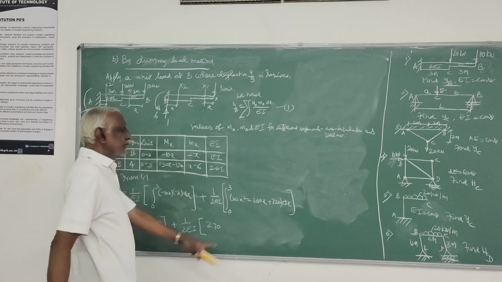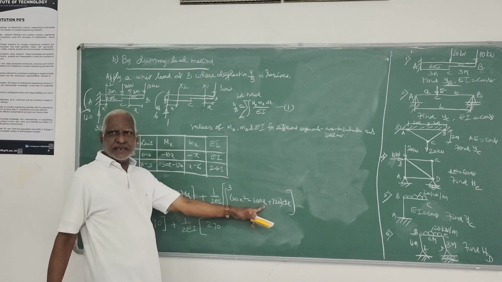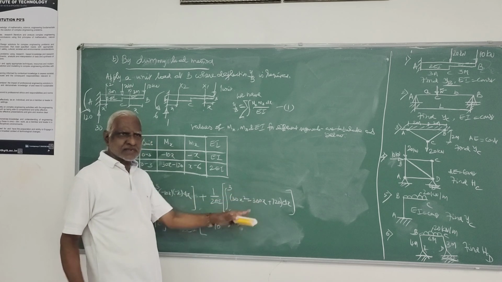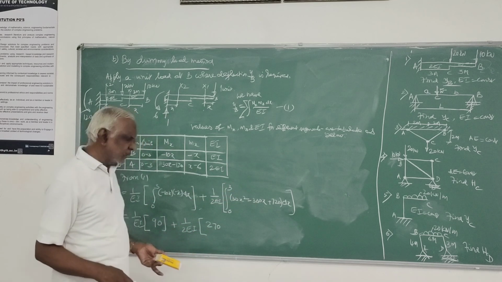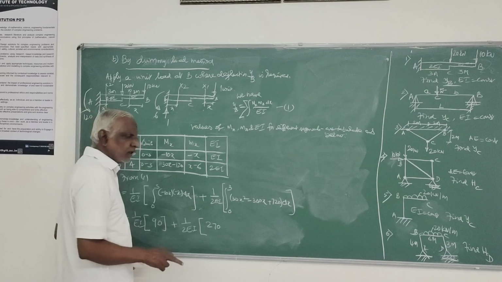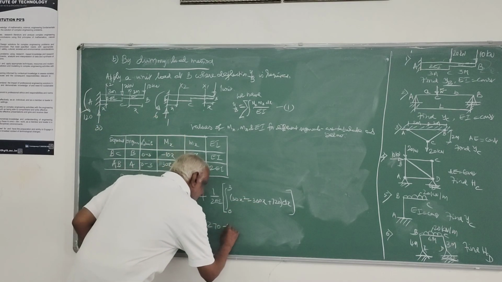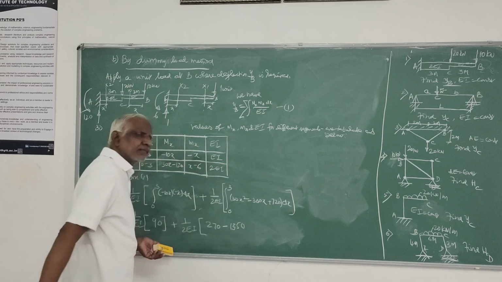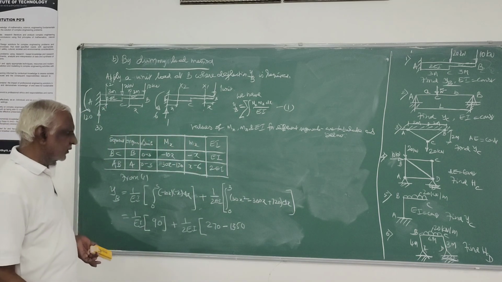Then here, integral x dx, x squared by 2. Upper and lower limits if I substitute, 3 squared by 2, that is 9 by 2, 4.5. 4.5 into 300, 1350. I hope it's okay.